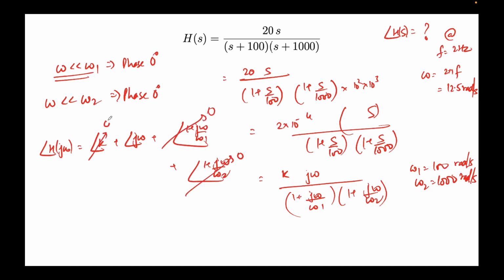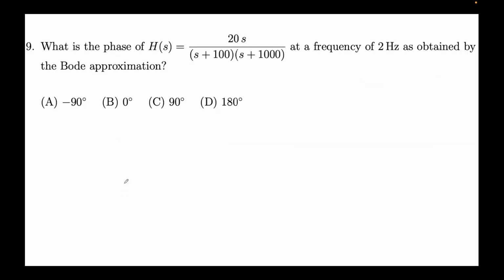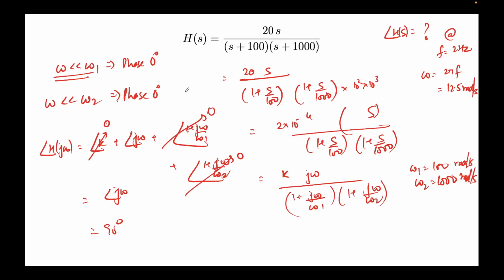The phase of k is a constant, so this is again 0. So the only thing left is the phase of j omega, which is 90 degrees, because this is a purely imaginary term, and an imaginary term has a phase of 90 degrees. So for problem 9 we get our answer C. Very straightforward problem.